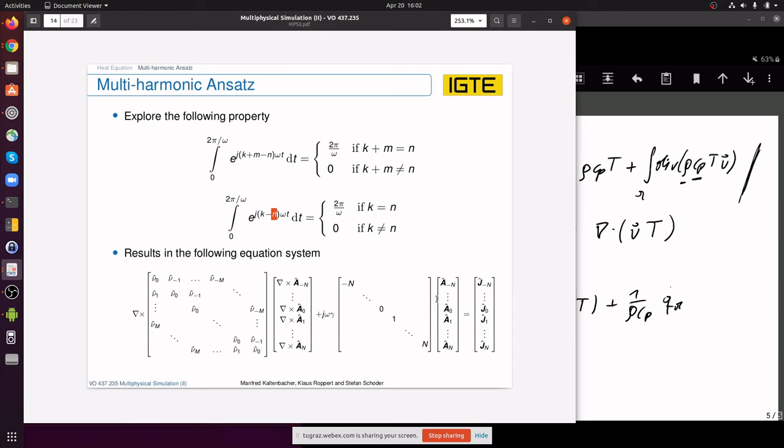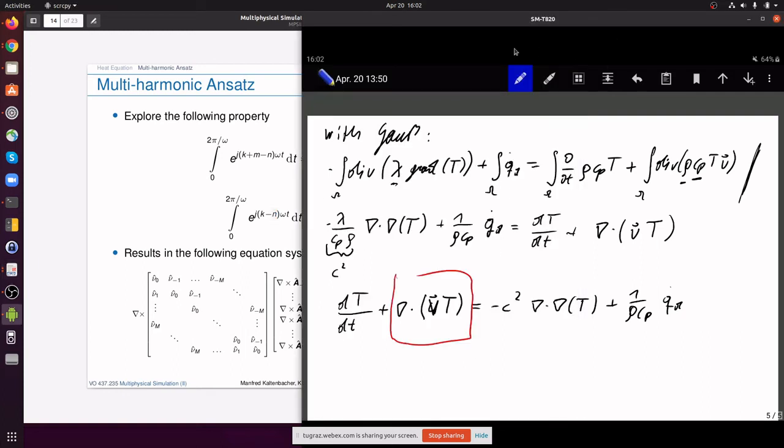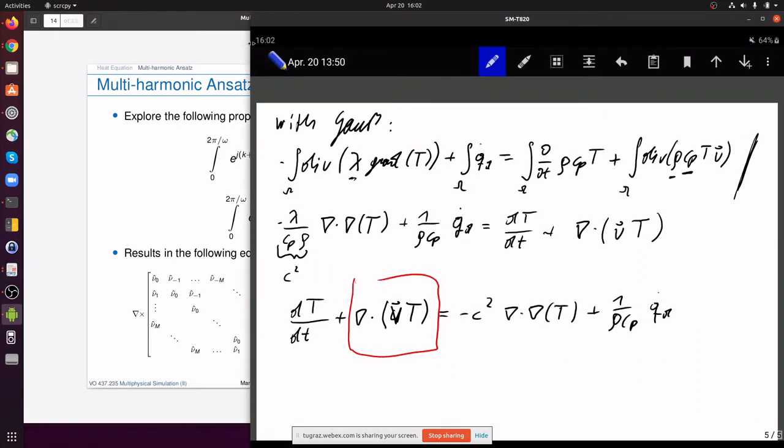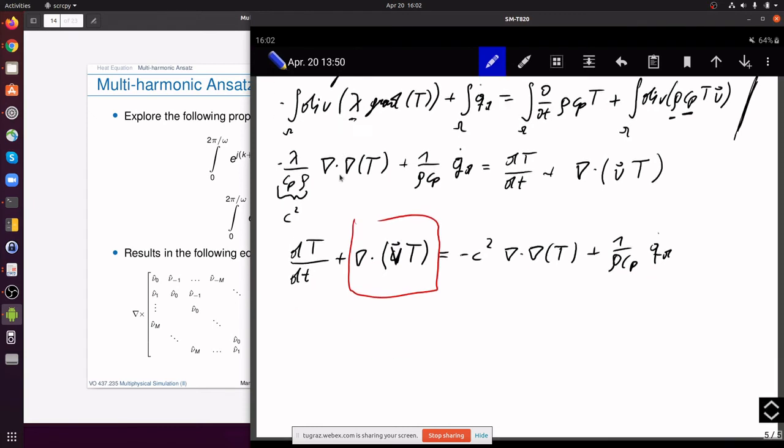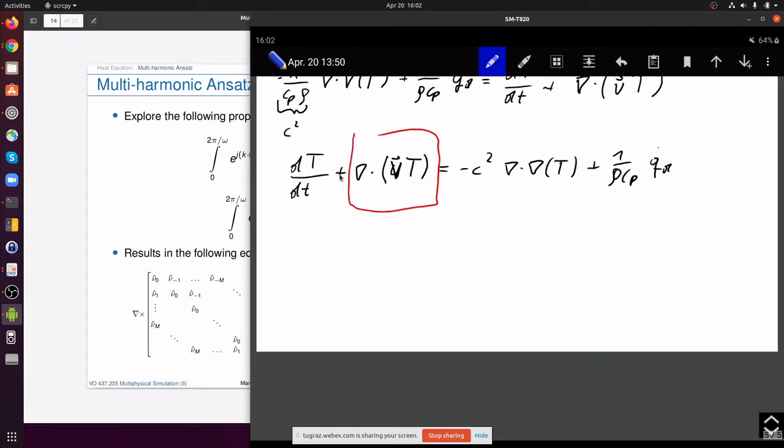So maybe I will write this down for one particular n, so that you see how the first line is derived. Then all other lines follow according to this scheme.